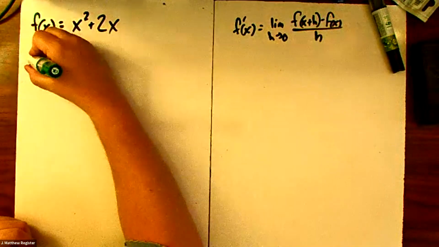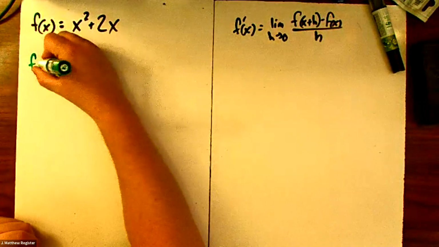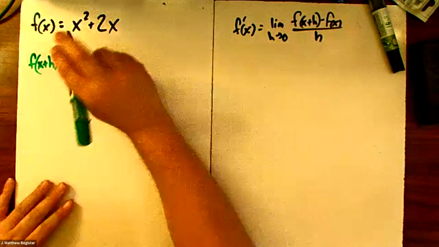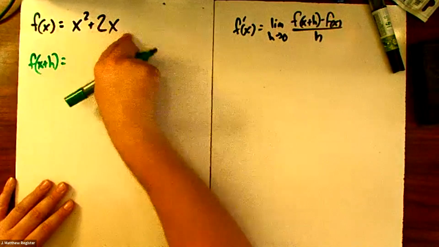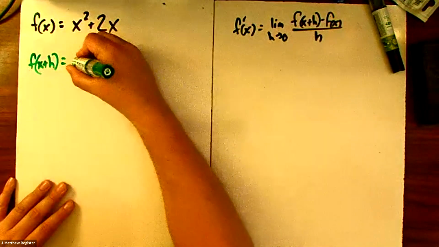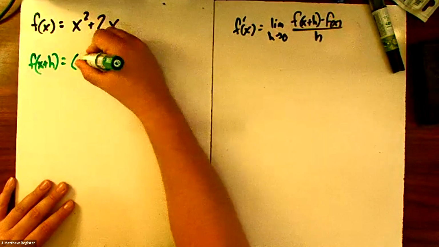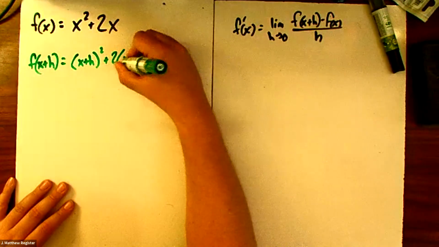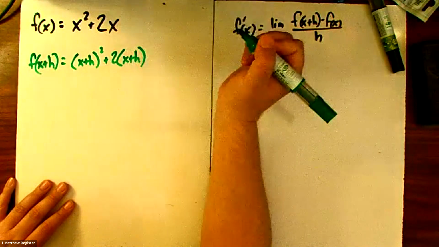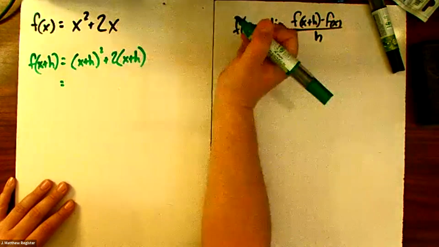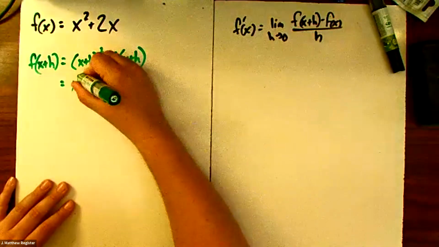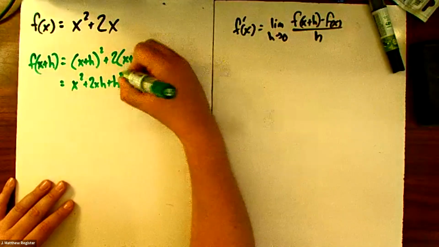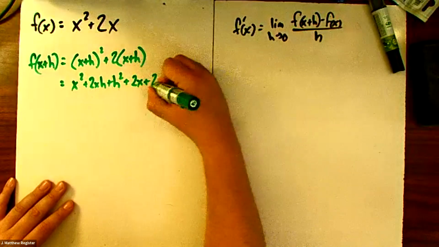And so let's write that out. F of x plus h, well, we would replace all of the x's with x plus h. So we would get x plus h squared plus 2 times x plus h. And we can clean that up. We'll get x squared plus 2xh plus h squared plus 2x plus 2h.